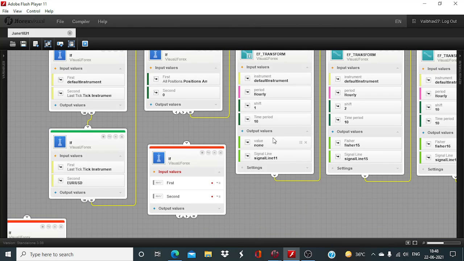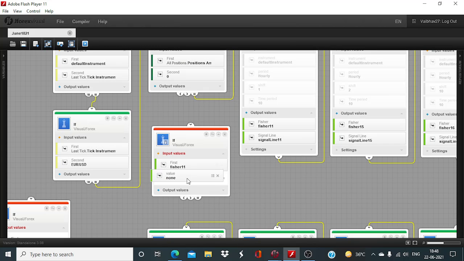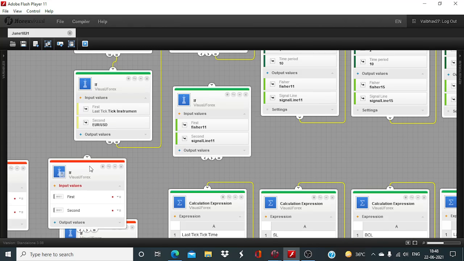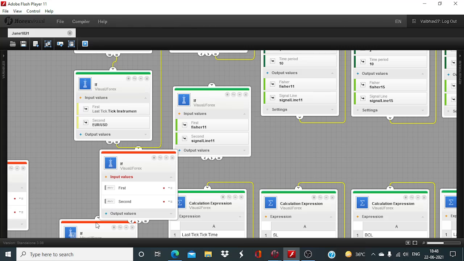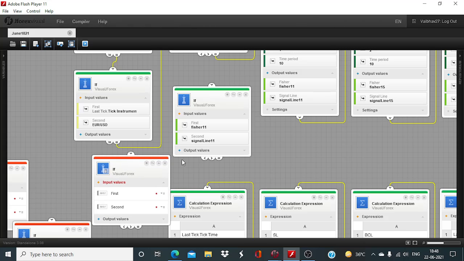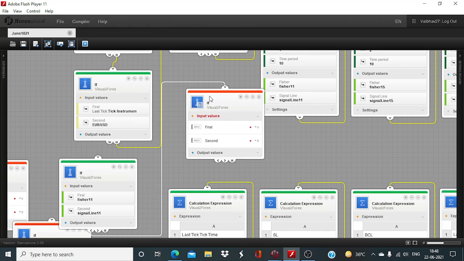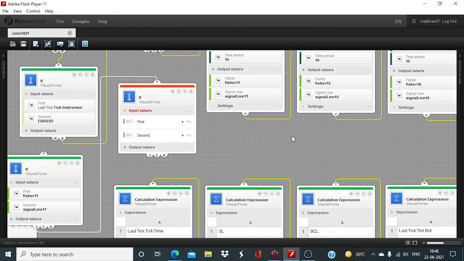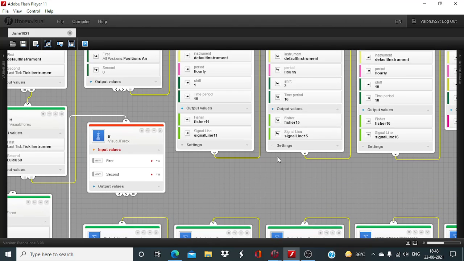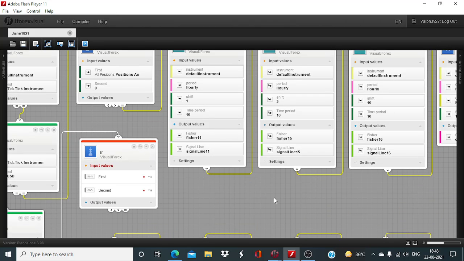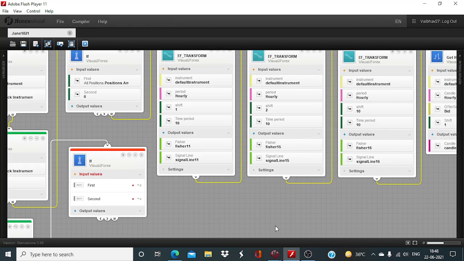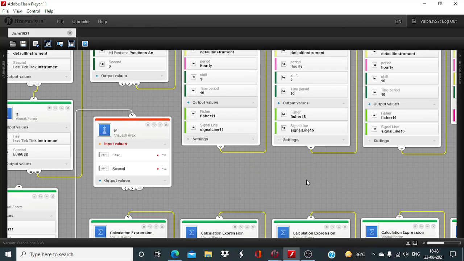First thing is the Fisher line. Fisher 11 should be below signal line 11. First input less than second input. And in the penultimate hour, not last hour, is Fisher 15 and signal line 15.